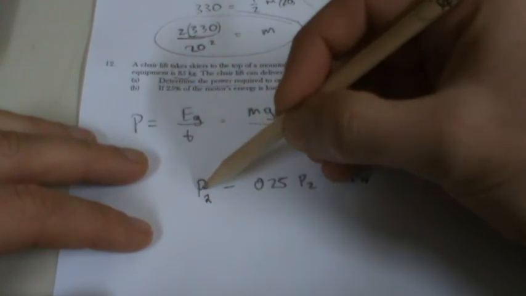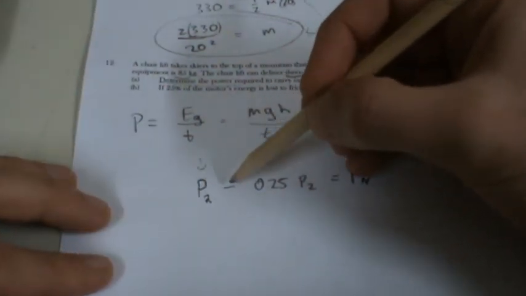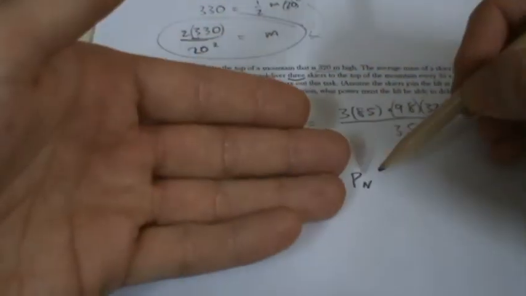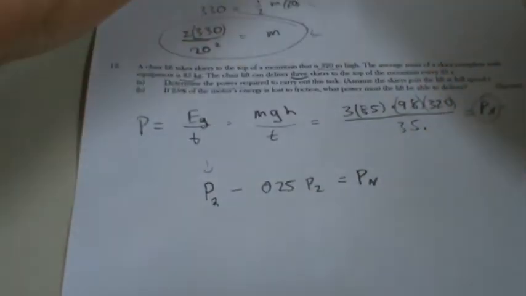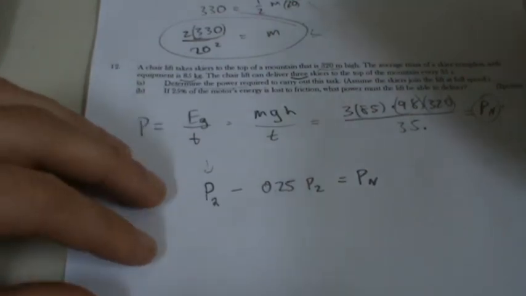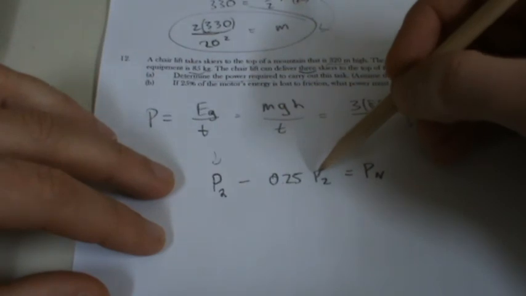If I take the power that I can produce, which I don't know, this is actually what I'm looking for, and I take away 25% of it, then I'm left with hopefully the power that I need to make the guys go up the hill. So you basically solve for power 2 in this equation.